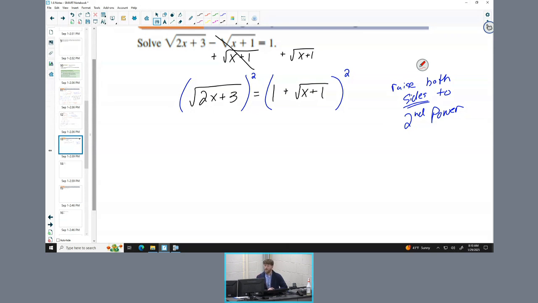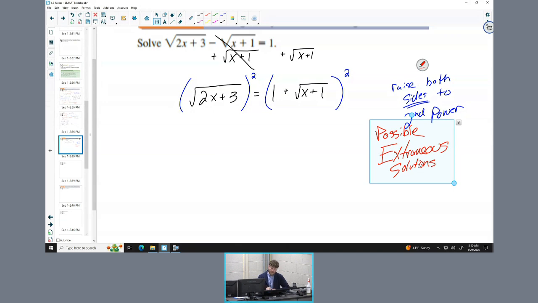You're not wrong on anything. I guess what I'm fishing for is that whenever you raise both sides to an even power, you got to remember to check your solutions because you could have extraneous solutions. So I'm going to write that: possible extraneous solutions, because I raised both things to an even power.